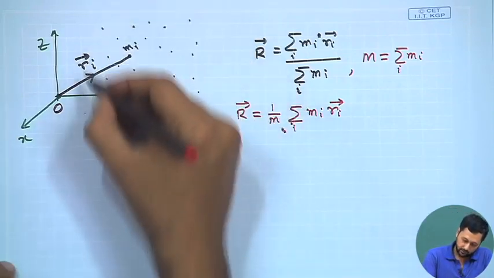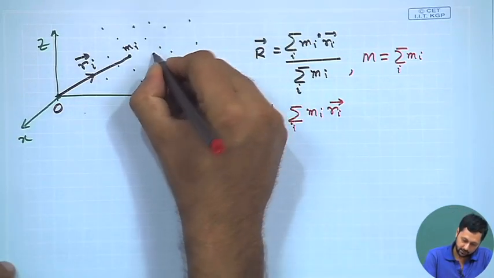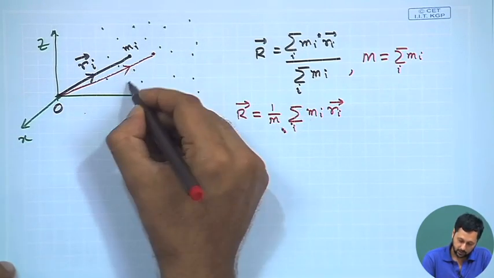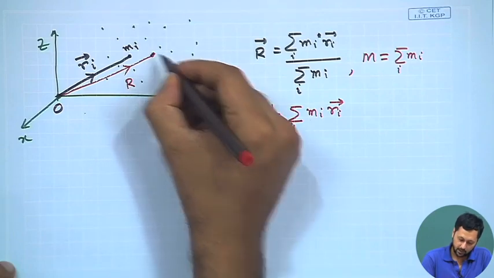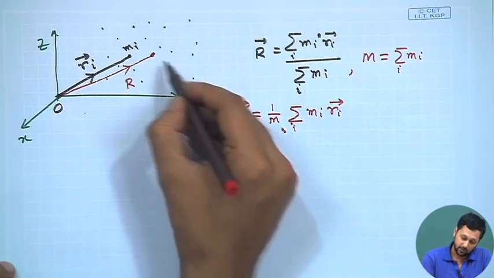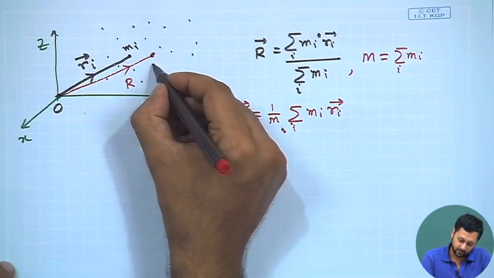So, in this system of particles we can define a center of mass with a coordinate capital R, and we can assume as if the total mass of the system, capital M, is centered at this center of mass.